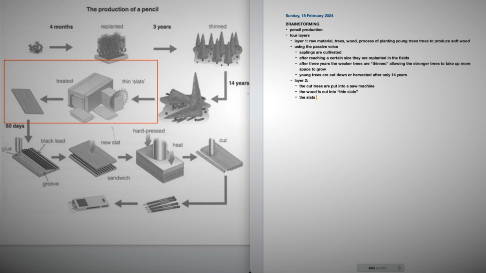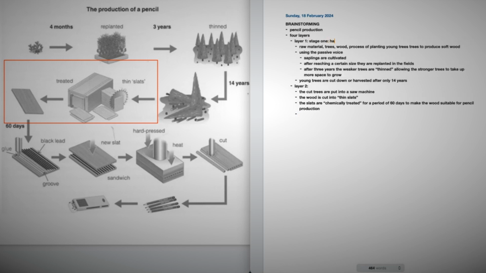The slats are chemically treated for a period of 60 days to make the wood suitable for pencil production.